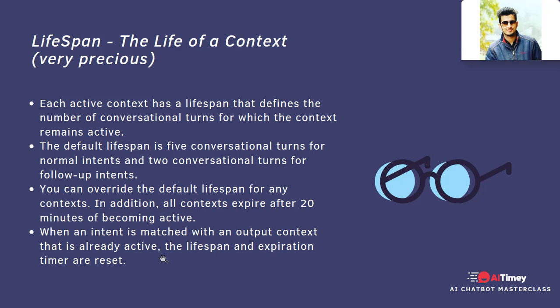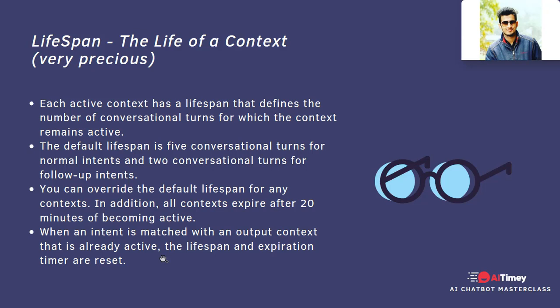So you can override the default lifespan for any context. You can change this default lifespan. You can put it to 1, 2, 3, 4, 5, 6, 7, 8, whatever number you feel like. In addition to this, all contexts expire after 20 minutes of becoming active. So let's suppose there is an intent that has a lifespan of 5. That just means 5 conversational turns.